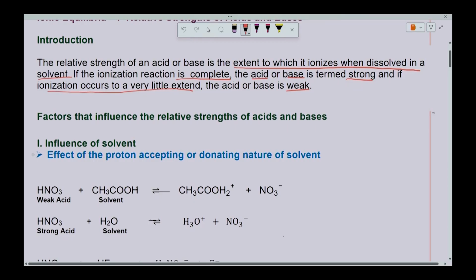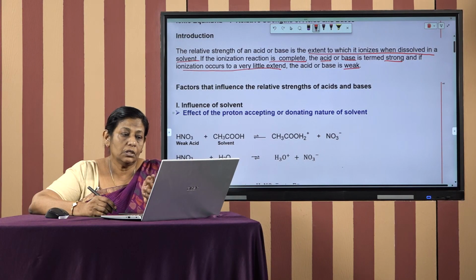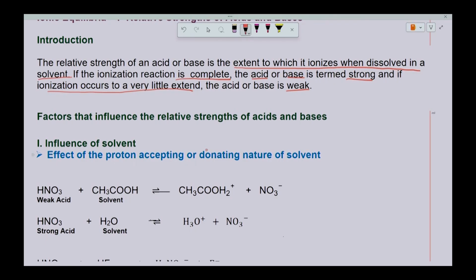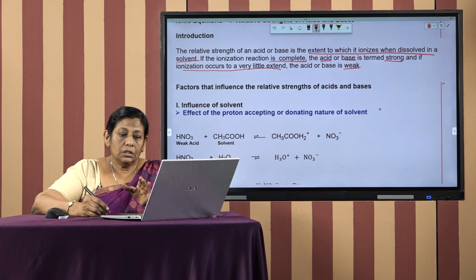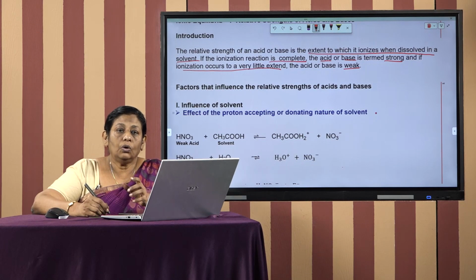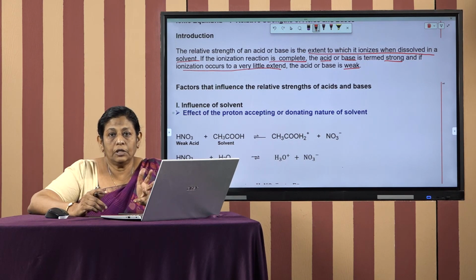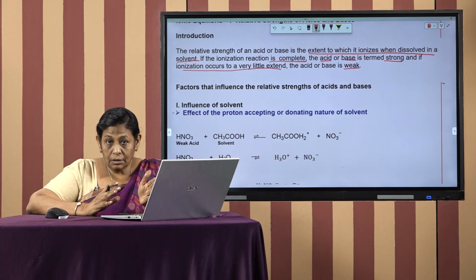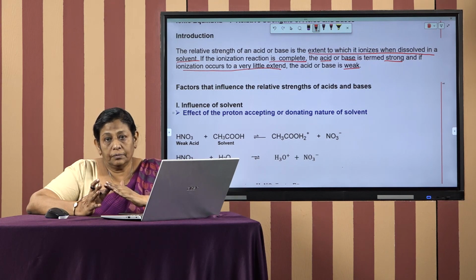First one is influence of the solvent. In influence of solvent, we have two categories. First one is effect of proton accepting or donating nature of a solvent. Just remember, acids and bases depend on this: if it is a very good acid, it donates its proton easily.